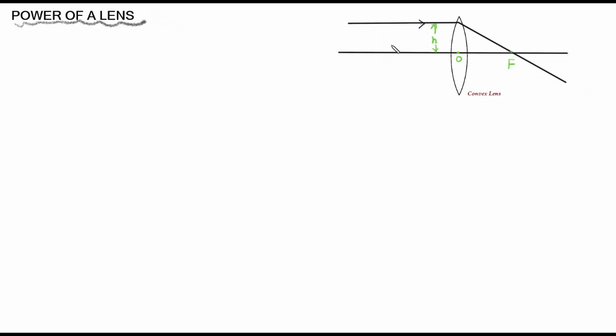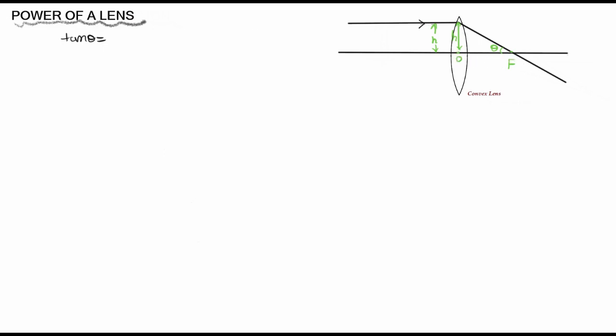Here, as you can see, there will be a formation of an angle that I'll represent as theta. If this is h, this will also be h, the height of the object. If I define tan theta, as you know, it is h divided by this distance.